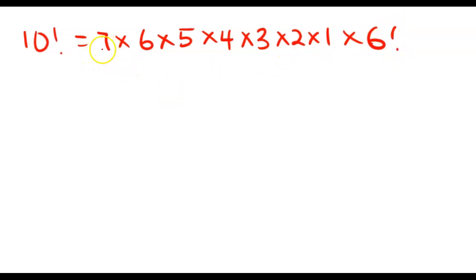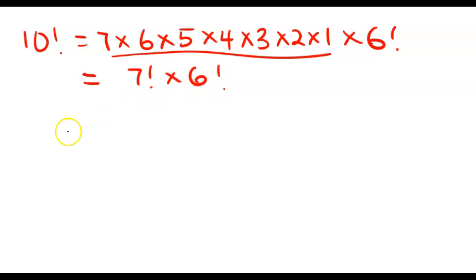Now, by definition of factorial, you realize that the bigger number is 6 and it has been reduced to 1. So we can say this whole thing here, we can represent by 7 factorial times 6 factorial.